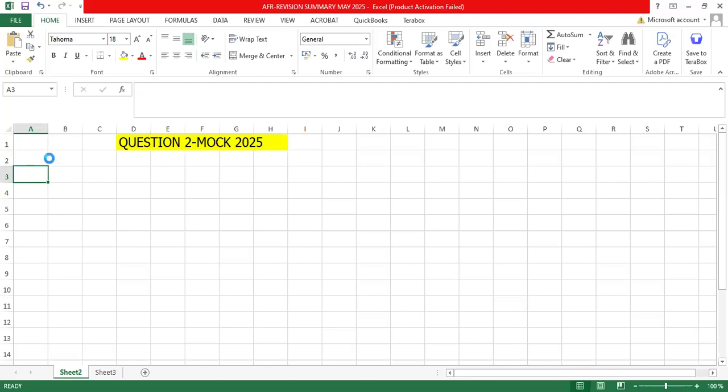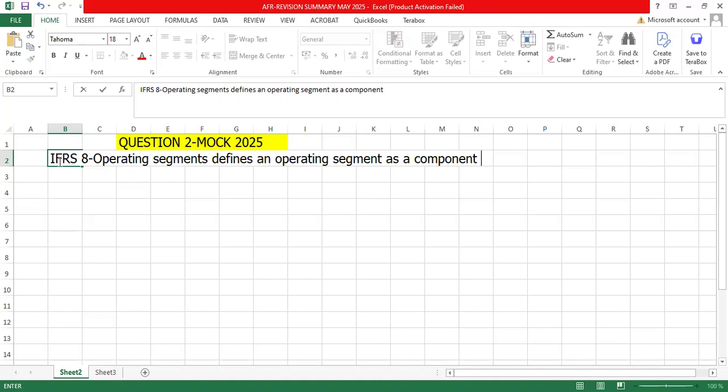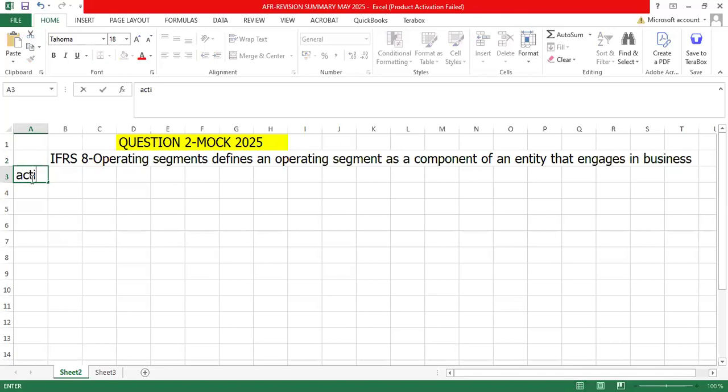So we are going to say that IFRS 8, that is operating segments, defines an operating segment as a component of an entity that, number 1, engages in business activities from which it earns revenues and incurs expenses. Remember, you can even list.